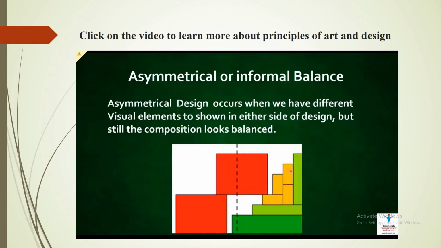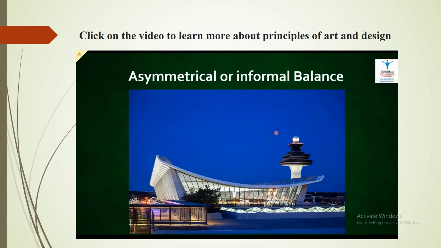In this composition, the elements are different on both sides, but as a whole, this composition looks balanced. The structure of this building is also based on asymmetrical balance. The tower here is balancing the elongated roof and the other elements of the architecture. This building is not symmetrical, still it looks balanced.